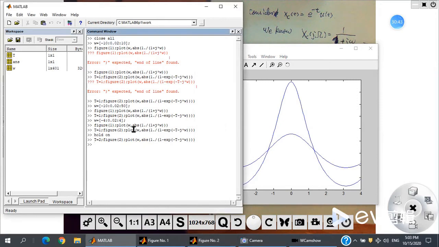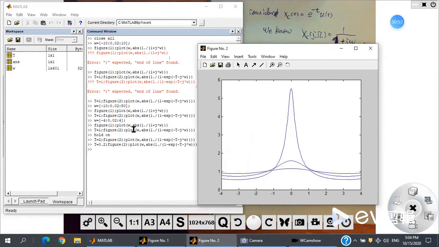And we use a smaller t. 2 is larger t, I use 0.2. Smaller t is this one. It's the sharper one, right? So the things are like that. Yeah, I explain here.